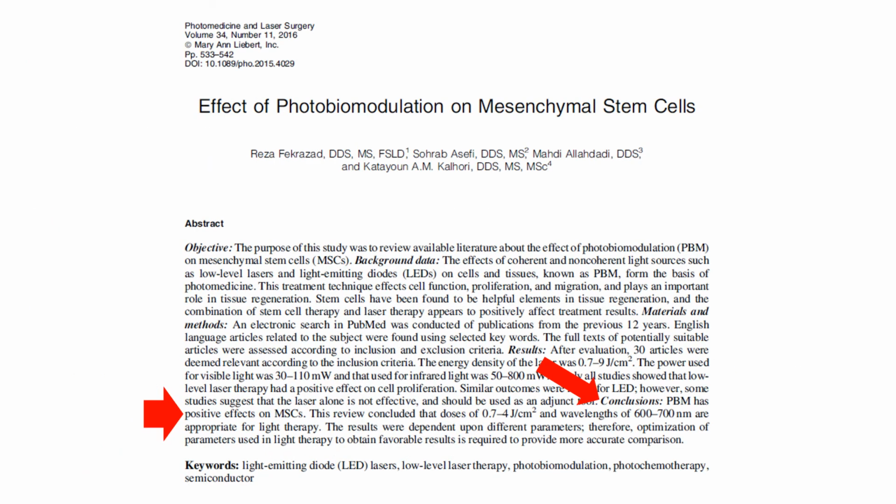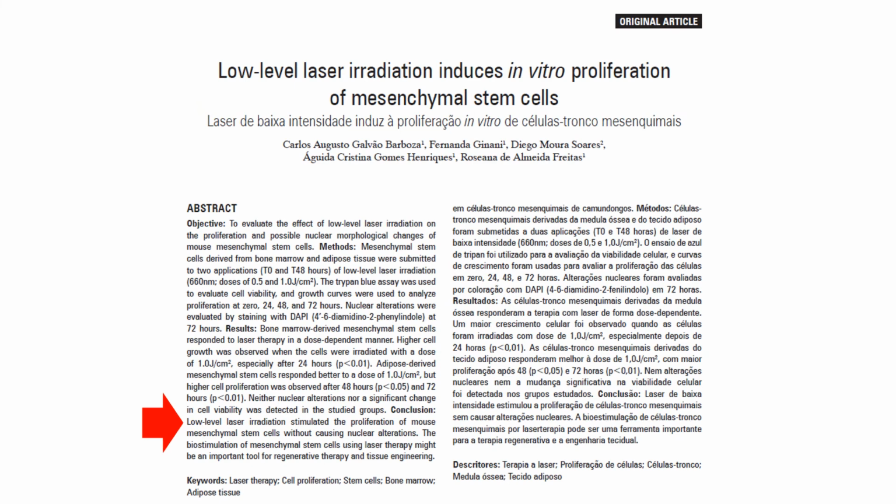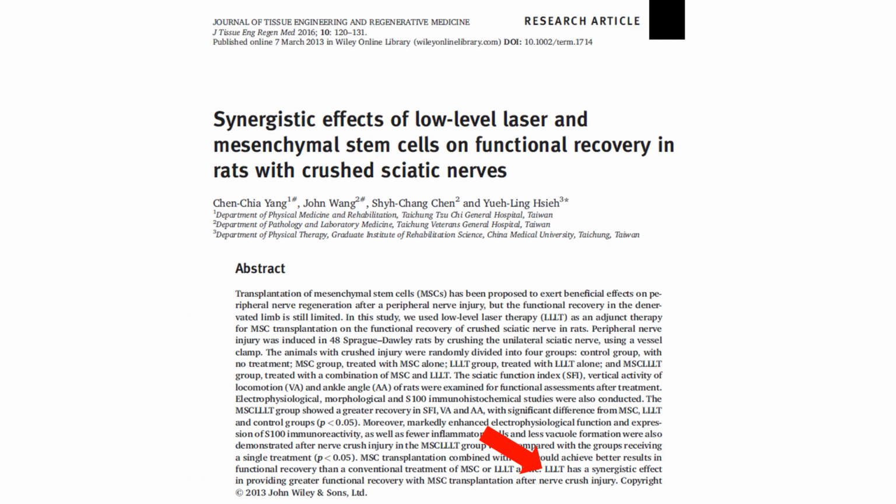This study showing that photobiomodulation has positive effects on mesenchymal stem cells. This study showing that low-level laser stimulated the proliferation of mouse mesenchymal stem cells without causing nuclear alterations. So the positive effect of photobiomodulation on the stem cells without negative effects.